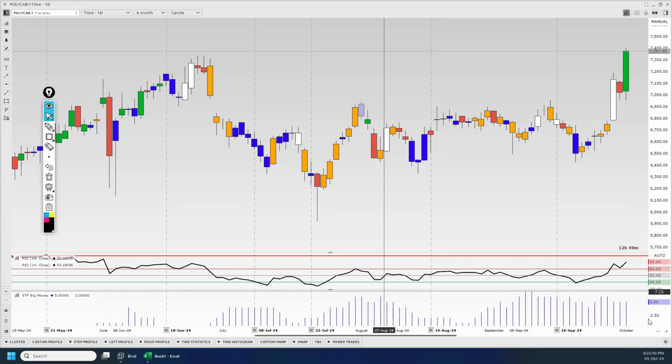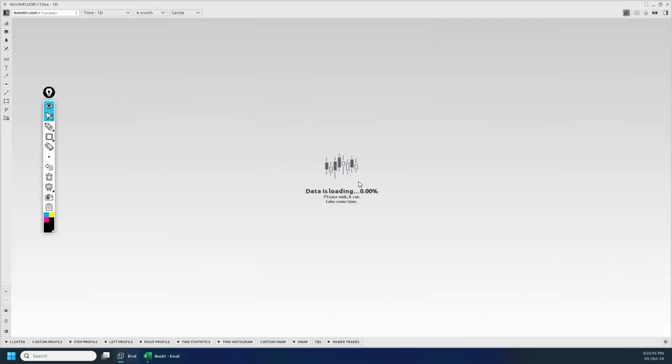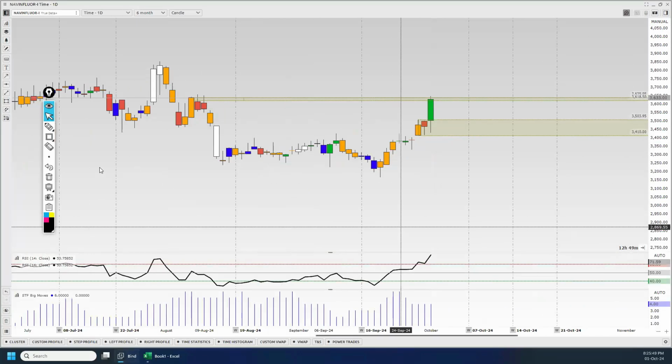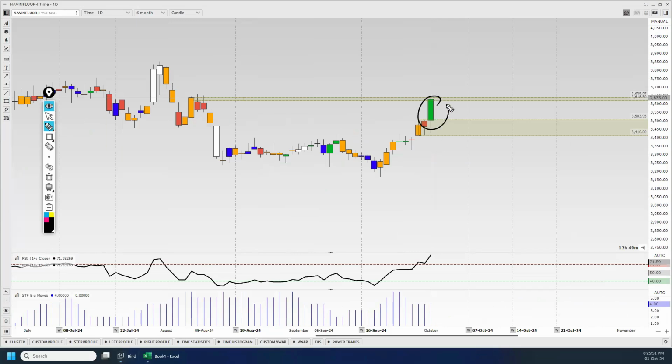Now let me take you to one more scenario on Navin Fluorine here. See, today Navin Fluorine was moving very well, but our system had already predicted this, and all the way it is moving up. You have to just focus on the rule. You might see a jackpot here as well on the higher level, right?